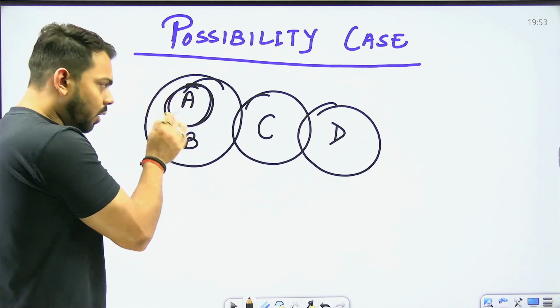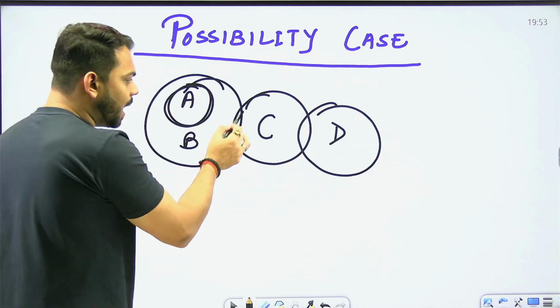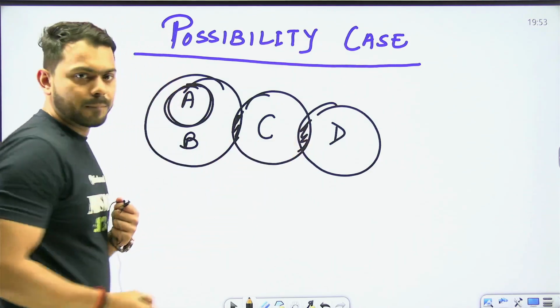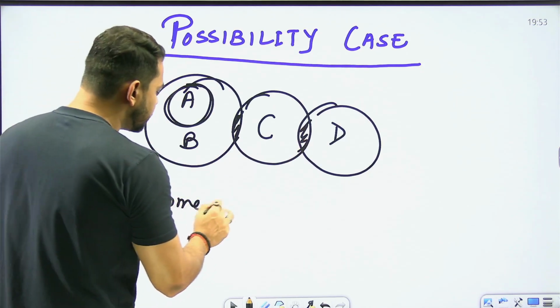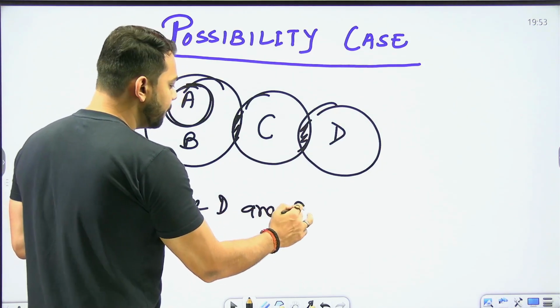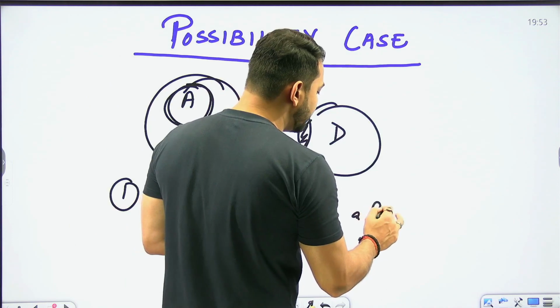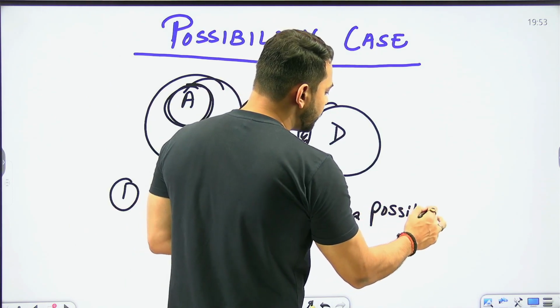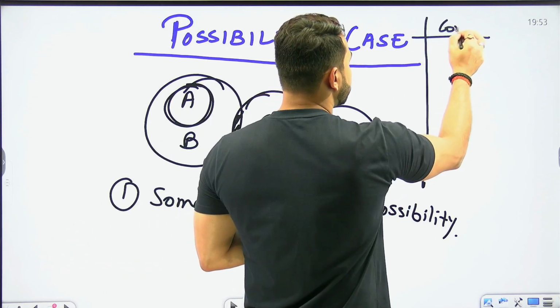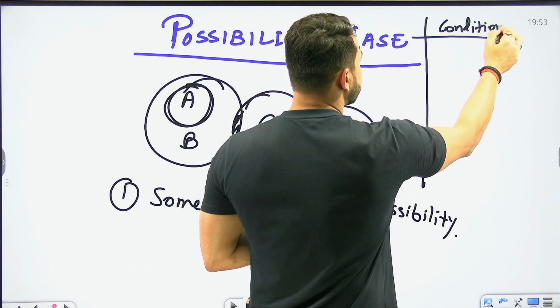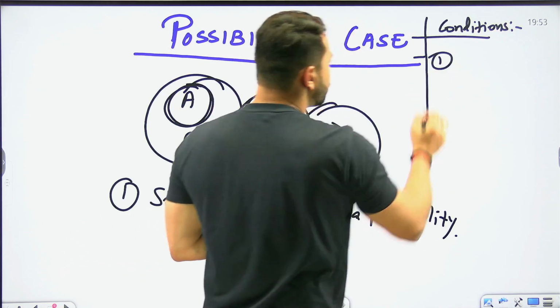If it is given that all A are B, some B are C, some C are D, and the conclusion is that some D are B is a possibility, right?